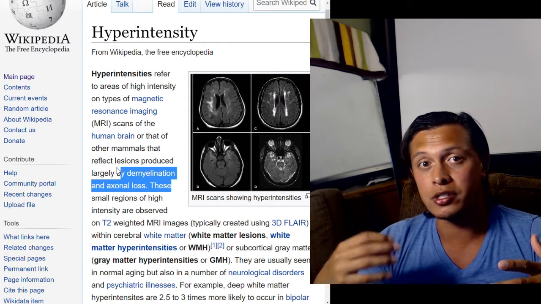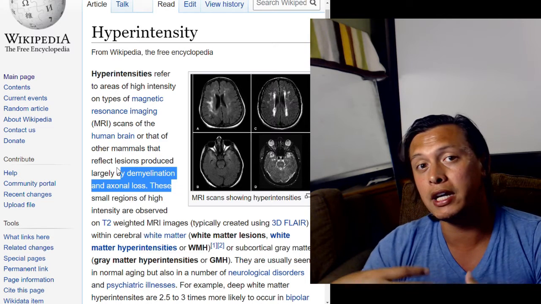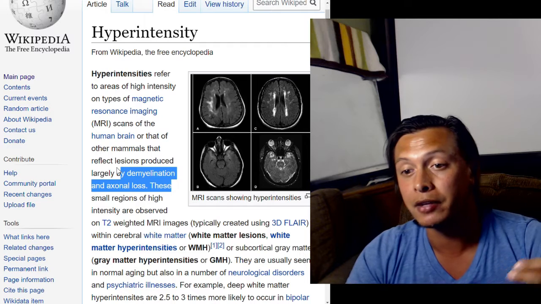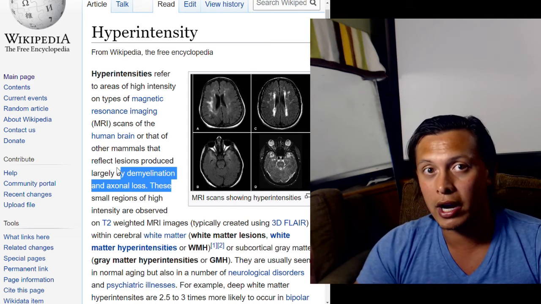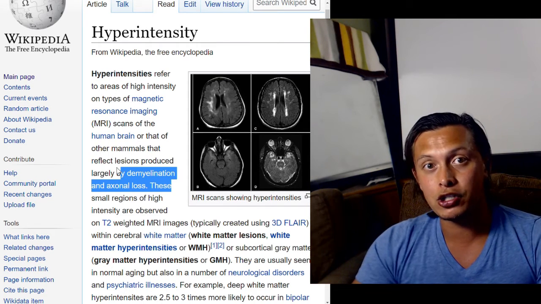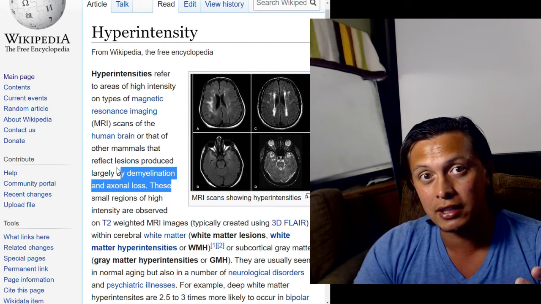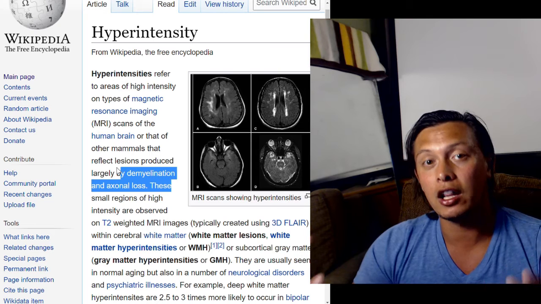Things such as multiple sclerosis would be an instance where an antibody is actually damaging the myelin, but there are other reasons why it could be damaged. And that damage would make the nerves less able to conduct electrical signals.